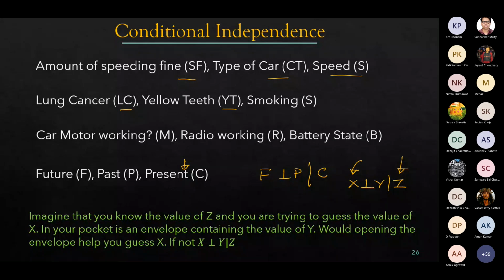Now, there is an envelope in which the true value of Y is written, and that is kept in your pocket. After you have guessed the value of X, you bring out this envelope and open it to see the value of Y. Now you need to check whether knowing the value of Y changes your mind about the assignment that you made on the value of X. If there is no effect, then X and Y are independent of each other.